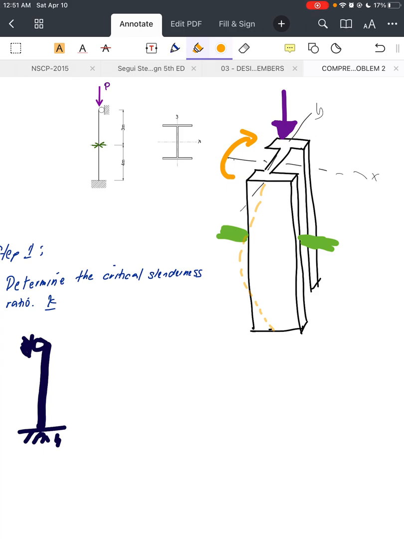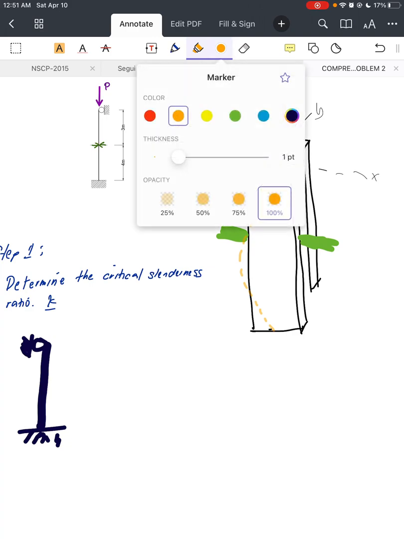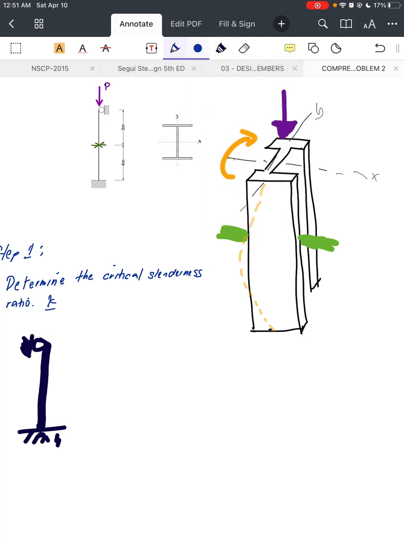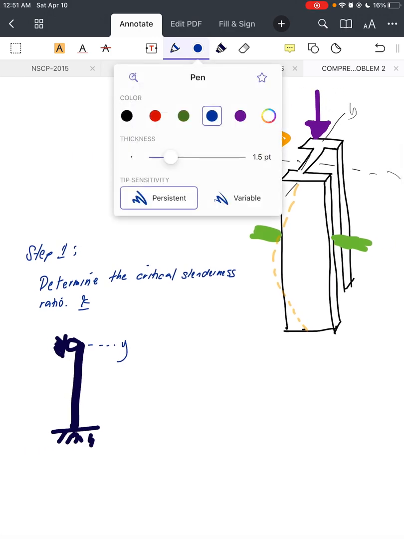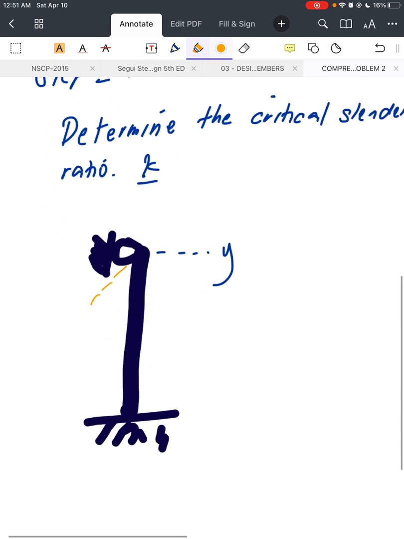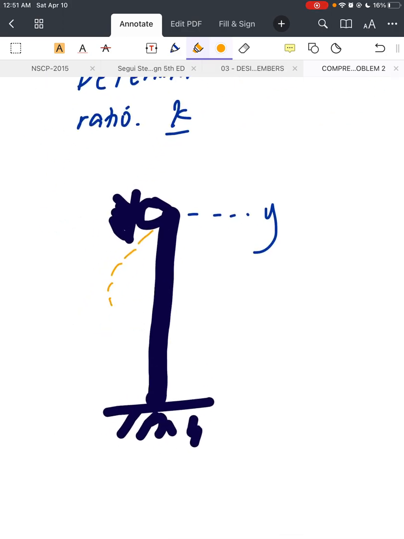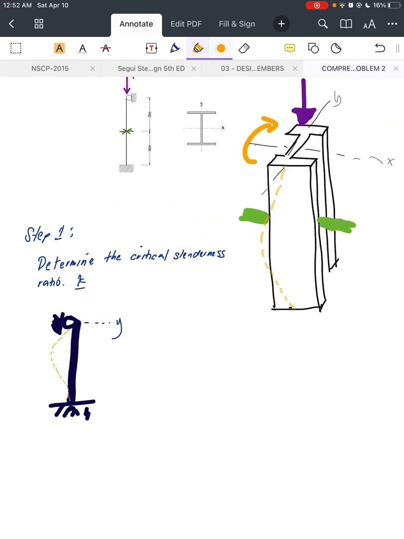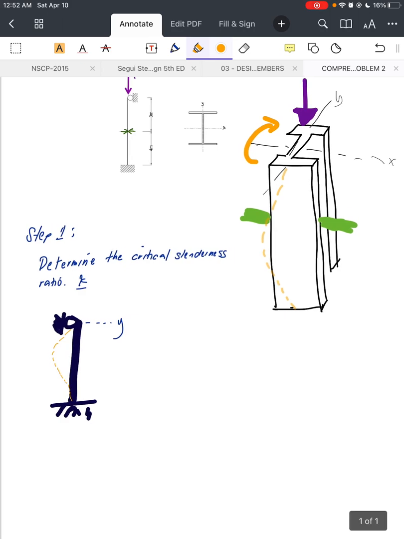So, this serve as your y-axis, okay? So, yung deformation mo along x-axis will be this one. Okay? Magiging ganyan yung buckling niya. Because you have here a roller and you have a fixed on the bottom, so magiging pa ganyan. Okay? So, ganyan yung deformation natin sa buckling along x-axis. So, this is your case number 1.